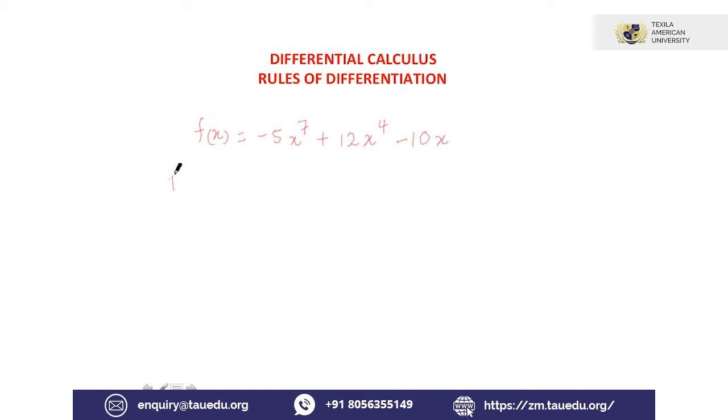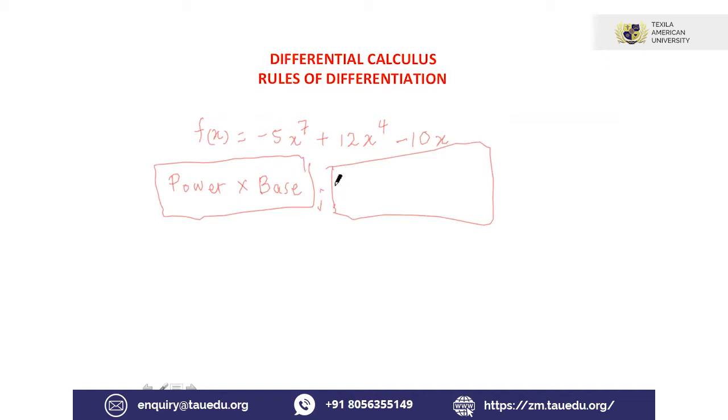We call it power times base. Then another one is power minus 1. So power times base, then power minus 1. Take note of this rule.